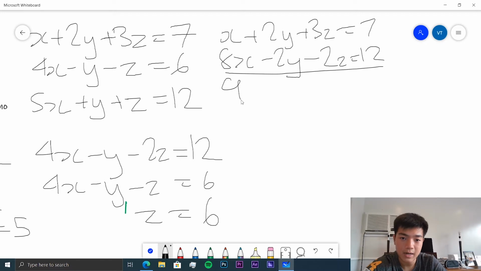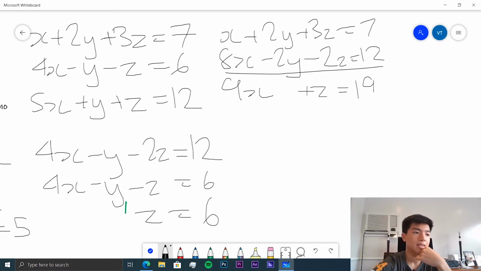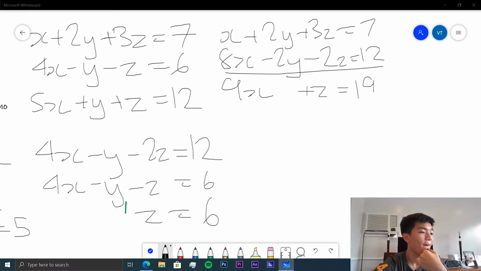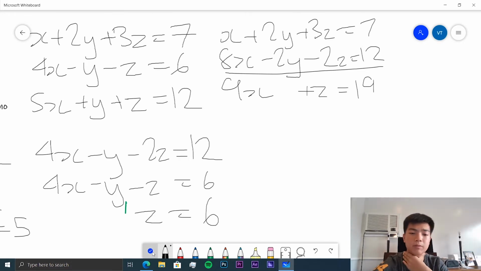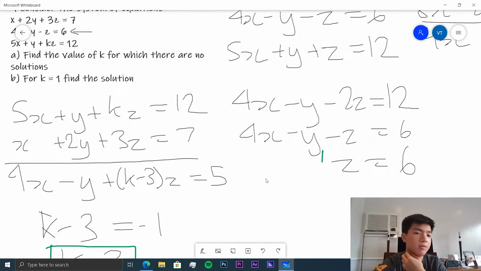So therefore 9x plus z is equal to 19. Since z equals 6, oh wait, did I write the equation wrong? Wait, something's wrong.